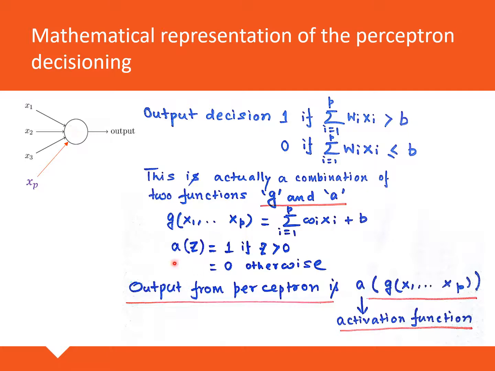But if I'm choosing this form of an activation function, then these neurons are called perceptron neurons. So any neuron which has an activation function of this nature is actually called a perceptron neuron. Now if I change the form of the activation function to something else, then obviously this neuron will not be called a perceptron neuron. So it can be a different neuron then, right?